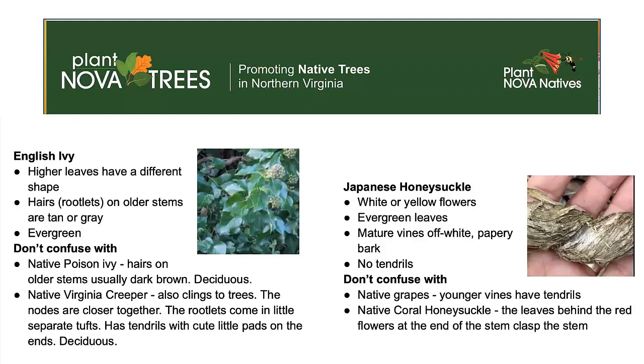Japanese honeysuckle is the one that has that yellow to white, very fragrant blossom. This is one we want to be careful not to confuse with native grapes, because the native grapes also tend to have the papery bark. However, their younger vines have tendrils, which the honeysuckle does not have.